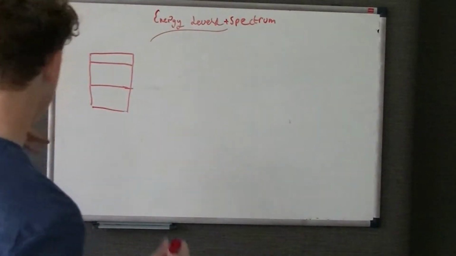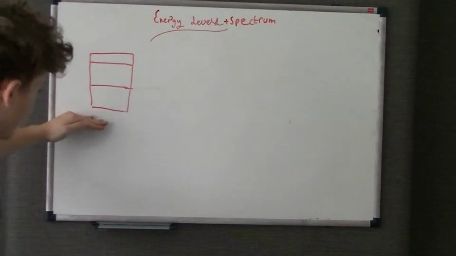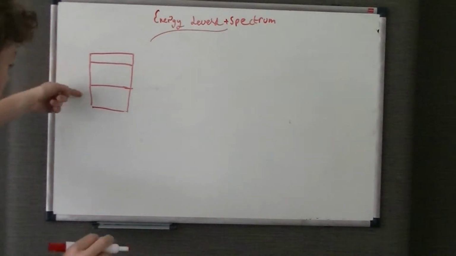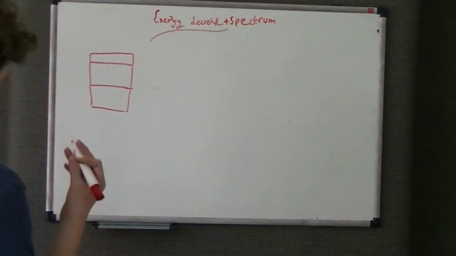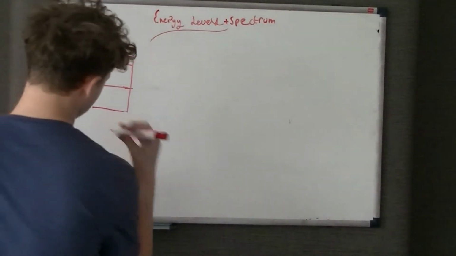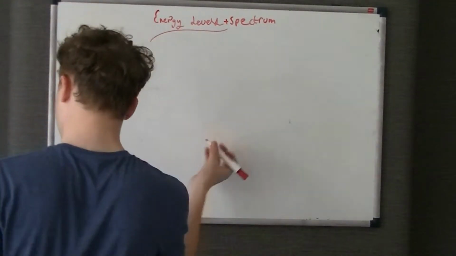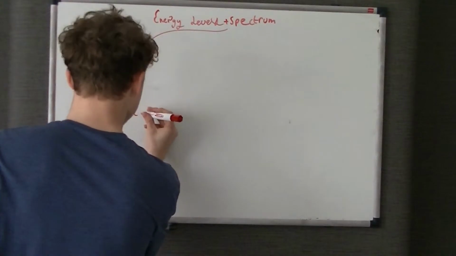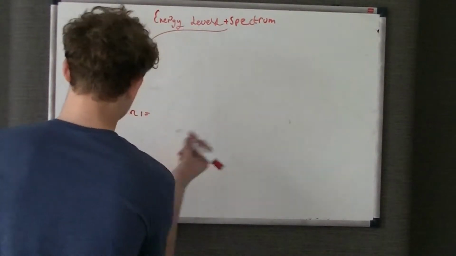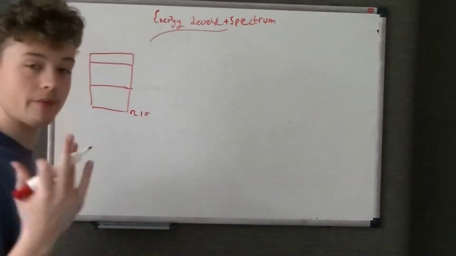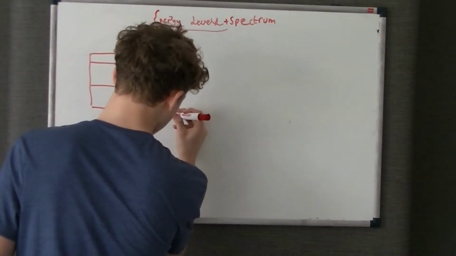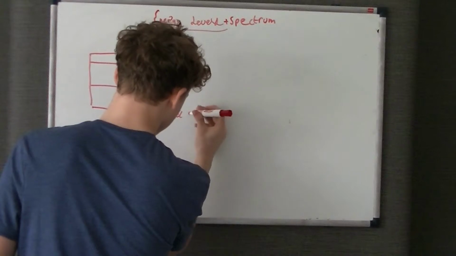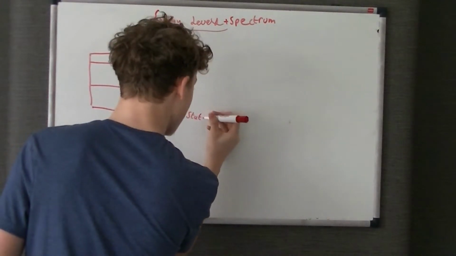So, why have we got a bottom level here and two lines here? Well, that's a good question, because the bottom is something we call the ground state. So n=1 is the ground state level. I just put n=1 equals ground state.